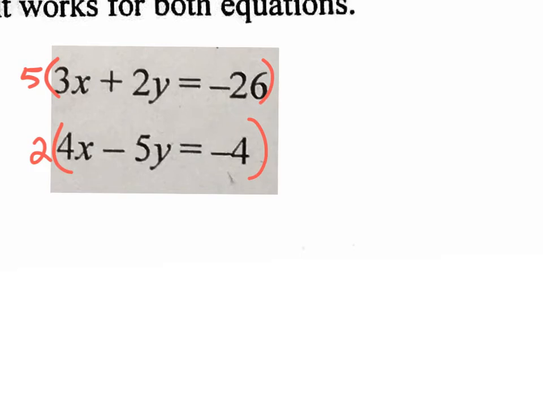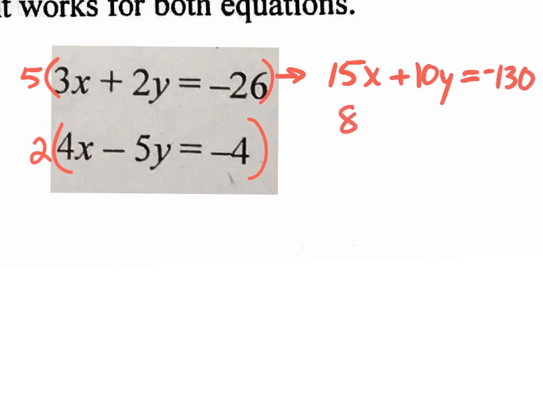So the top equation, that's going to become 15x. It's going to become plus 10y. It's going to be equals negative 26 times 5 is negative 130. And then the bottom equation, 2 times 4x, that's 8x. 2 times negative 5y, that's negative 10y. And then 2 times negative 4, that's equal to negative 8.